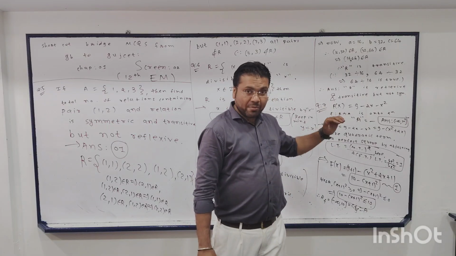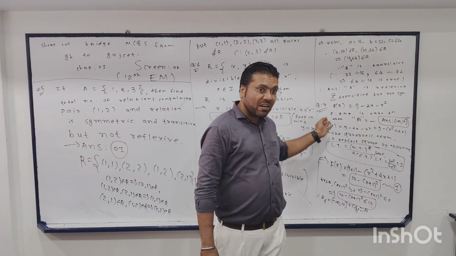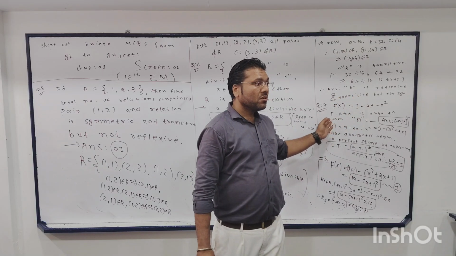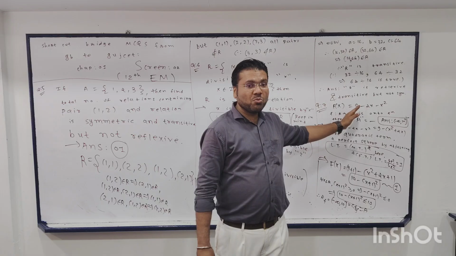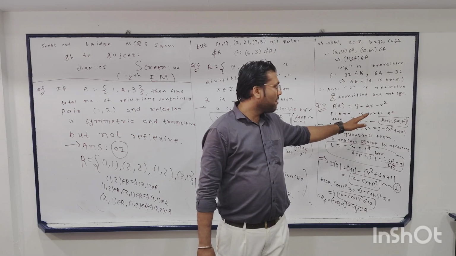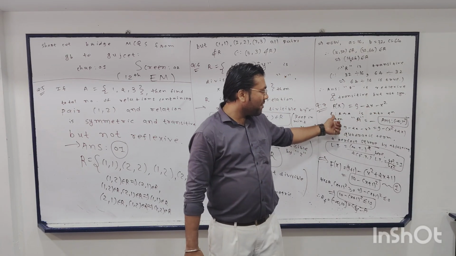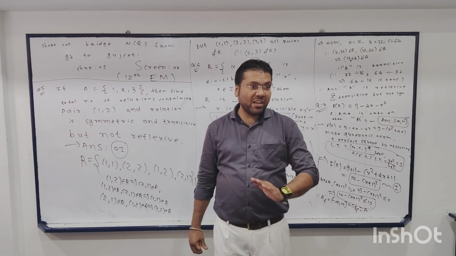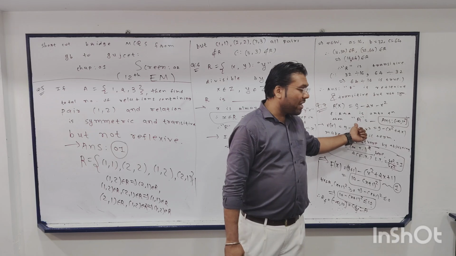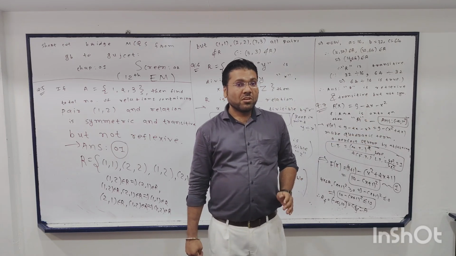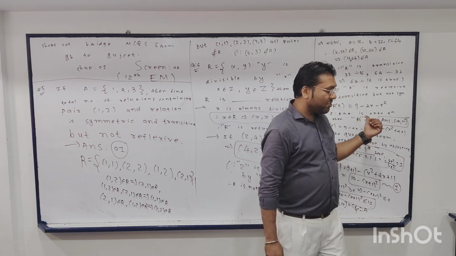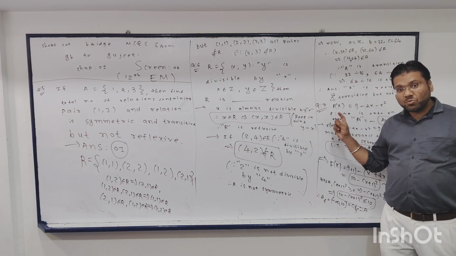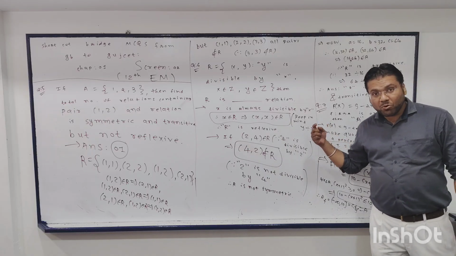So friends, I am repeating once again, this question was asked in the June 2025 improvement exam. f(x) = 9 - 2x - x², f from R to A is an onto function, then find the value of capital A.